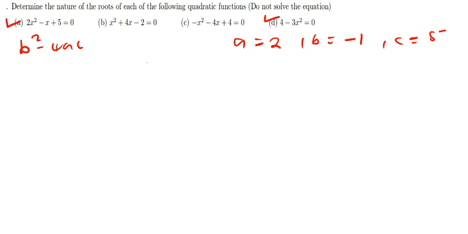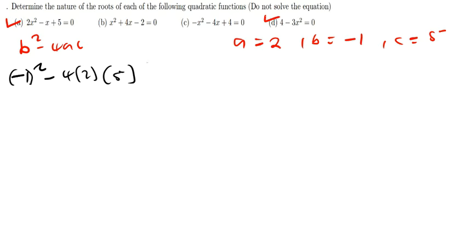So now, when we do this, you just need to plug in the values. That's all. When you plug in the values, then you find the answer. So let's plug in the values. What is our b? Our b is -1. So (-1) squared, then minus 4, a is 2, then c, that is 5.